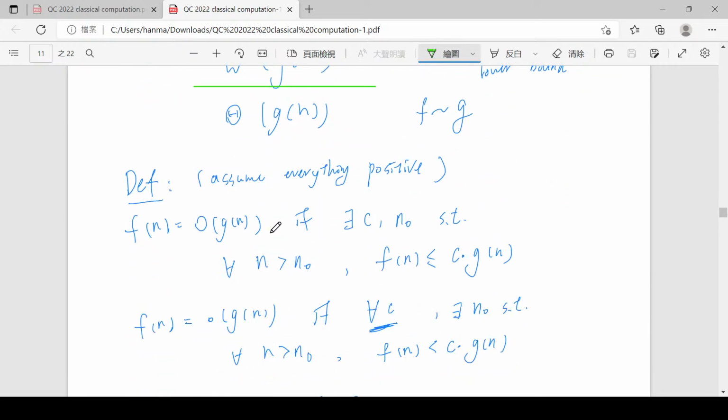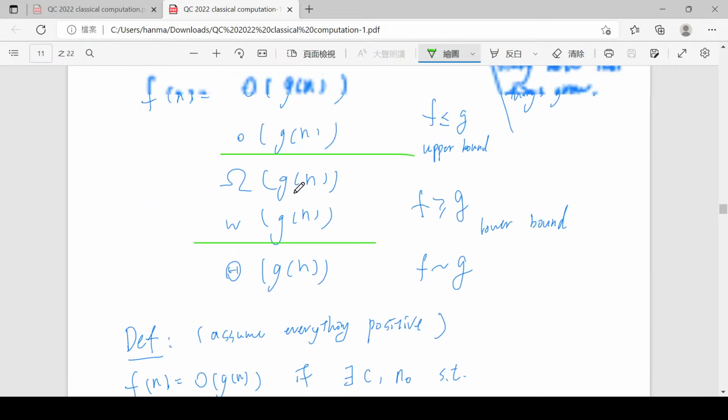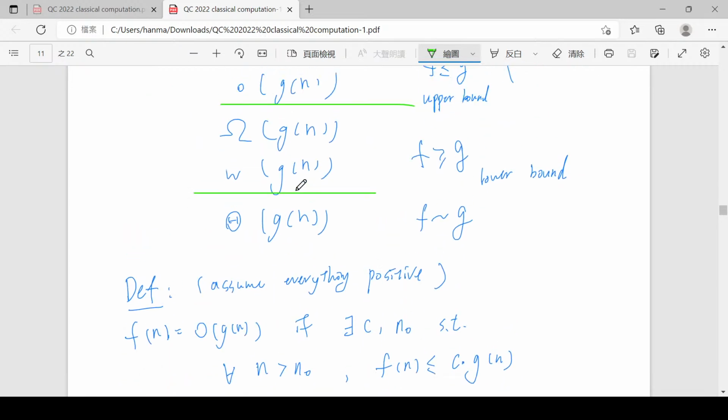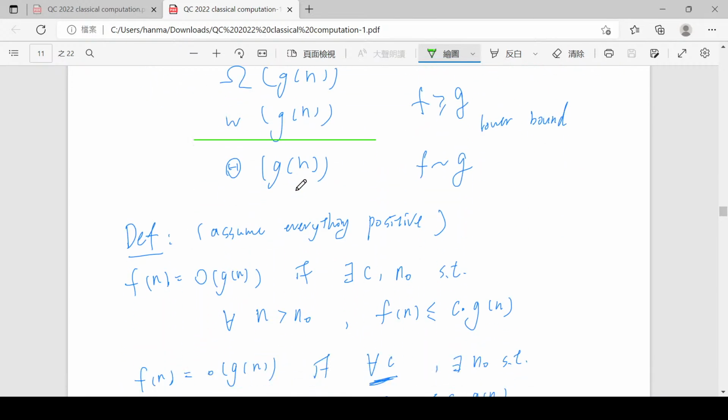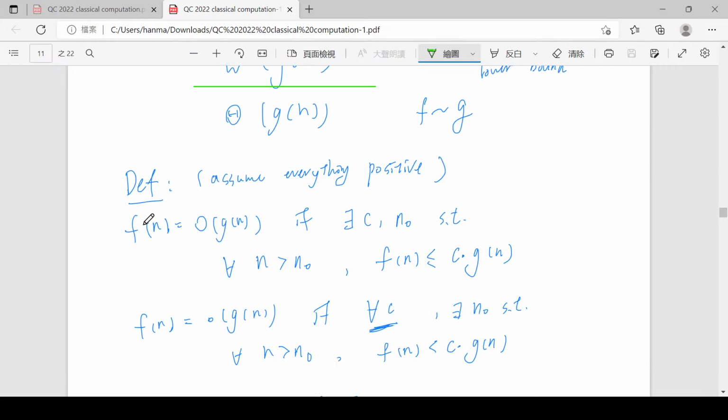So this big O, we probably see this most, and it means we say f of n is O of g of n. So we give this very calculus definition.